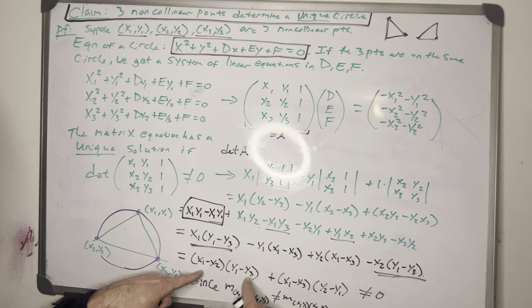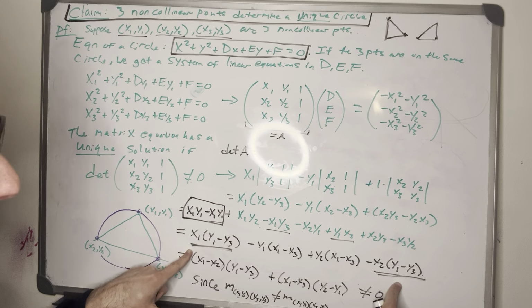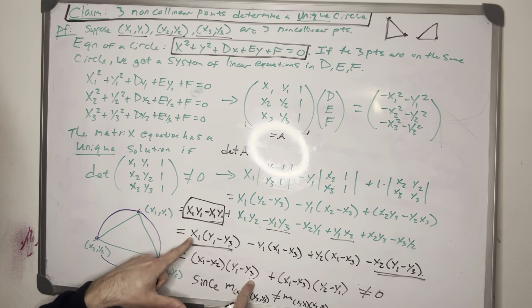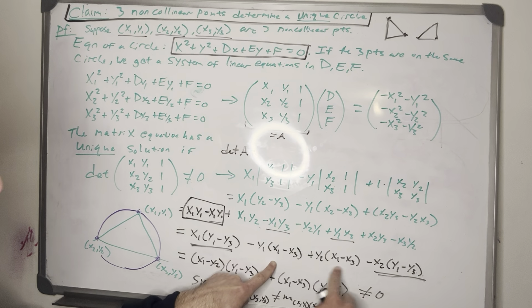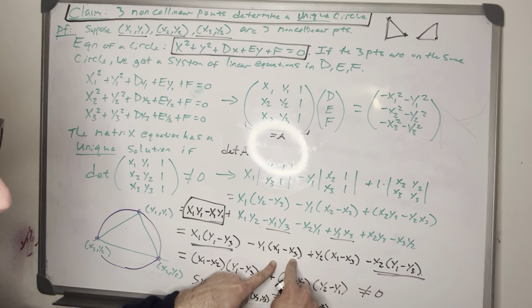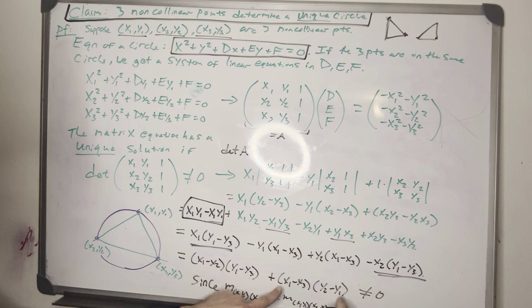So we can factor that out from those two: y1 minus y3, x1 minus x2, we get that. And we can do the same thing for the middle two, x1 minus x3, factor that out, and we get y2 minus y1.